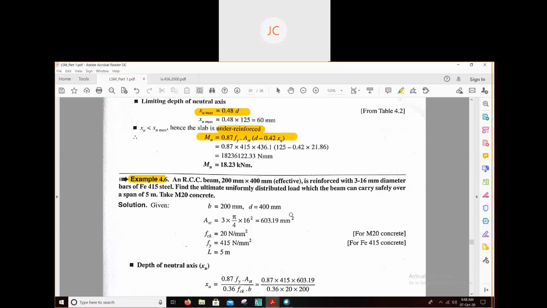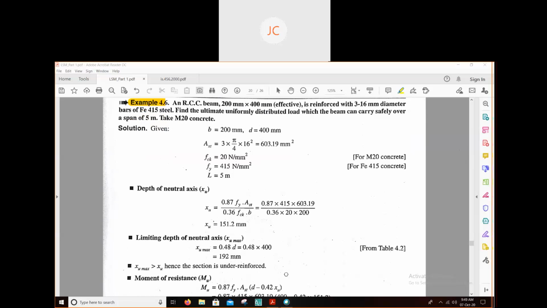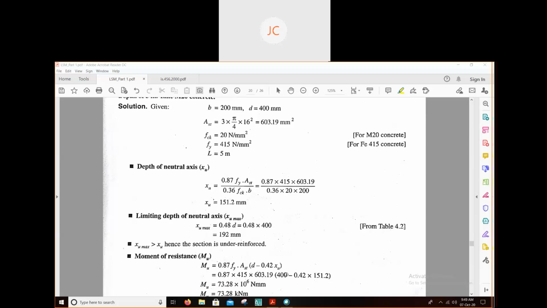Moment of resistance, how much? In terms of kilonewton meter, how much will it be? 73.28. Okay, 73.28. Next, you find out the UDL.